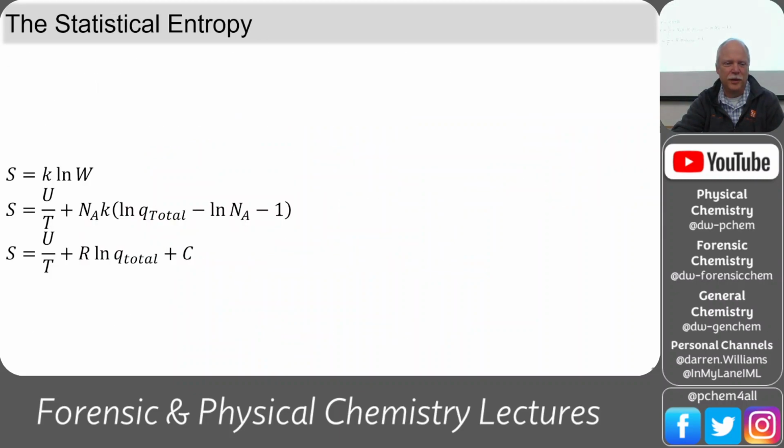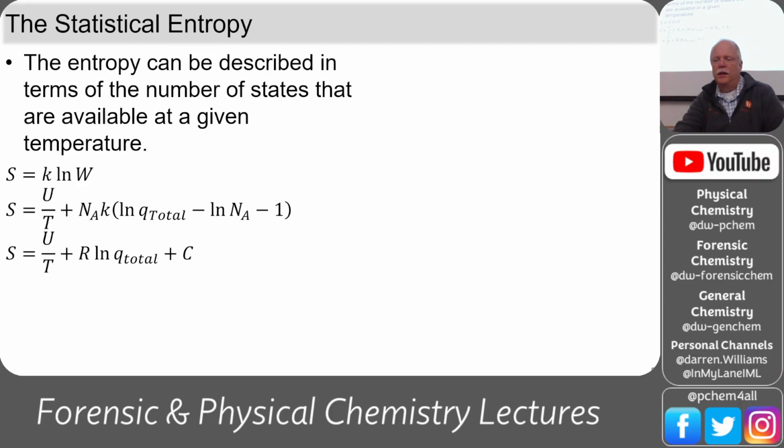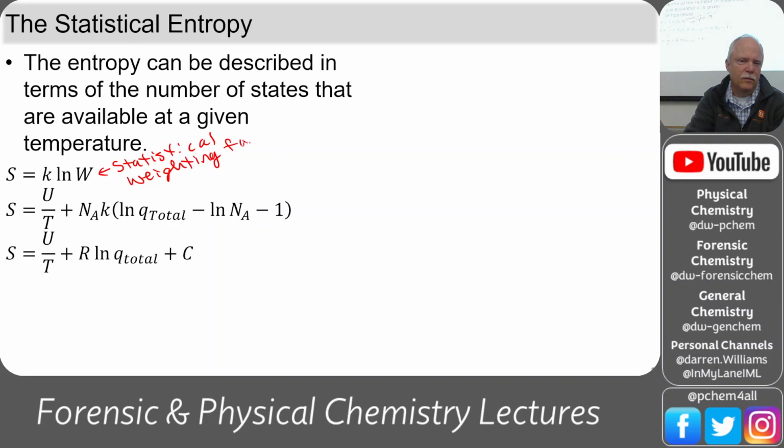Okay, let's talk about entropy. From our statistics chapter, we've talked about the various configurations and permutations, and you could calculate statistical weighting factors for those situations. And so that's what this W is. That's the statistical weighting factor for various permutations or configurations.